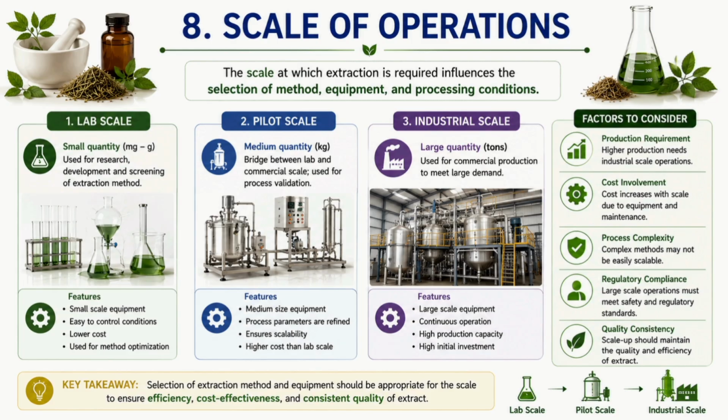So equipment capacity, solvent recovery, safety, energy consumption, and process control become extremely important here. Think about cooking 1 cup of rice and cooking rice for 10,000 people. The principle is similar, but equipment and the process control are completely different. That is scale up.